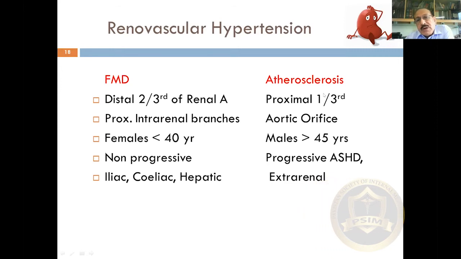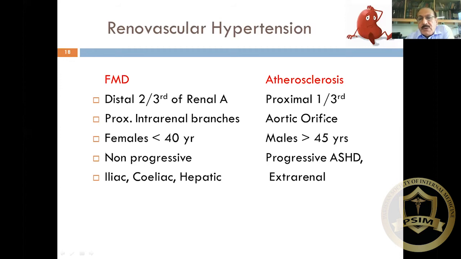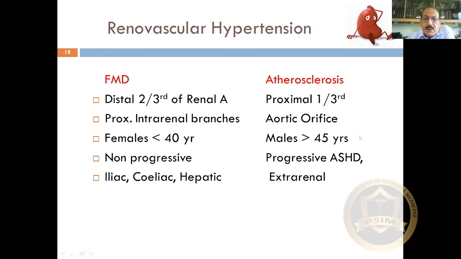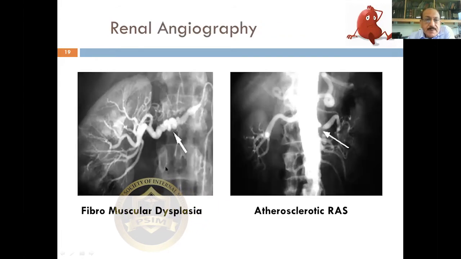But the atherosclerotic type of renal artery stenosis is usually seen in the proximal one-third or at the orifice where it is originating from the aorta, and in males of relatively middle or old age. It's a progressive disease because this atherosclerosis is generally progressive, and extrarenal vessels may be involved as well.